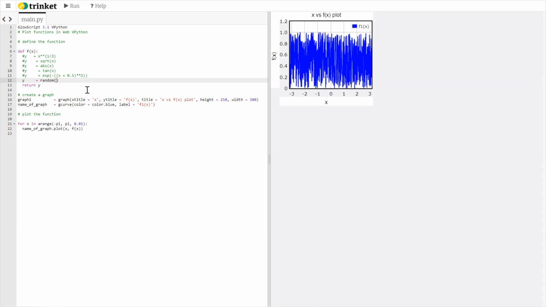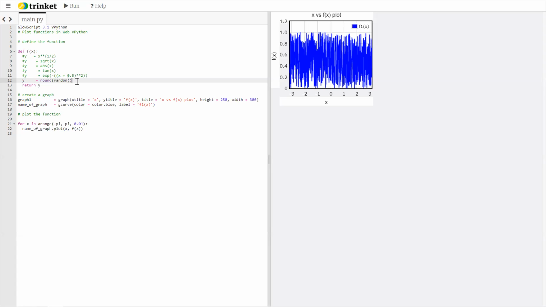Now, if we want a random variable which can take only two values, let's say 0 and 1, we can use the round function.